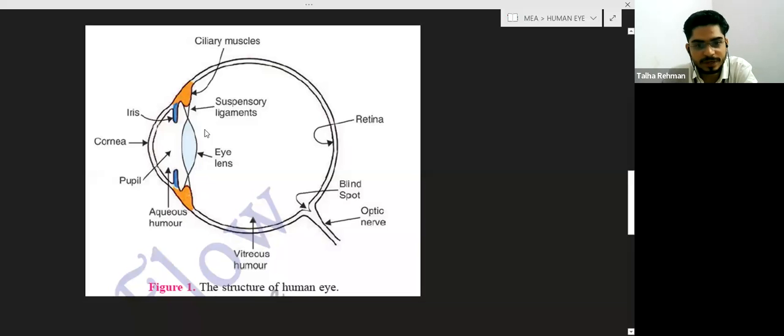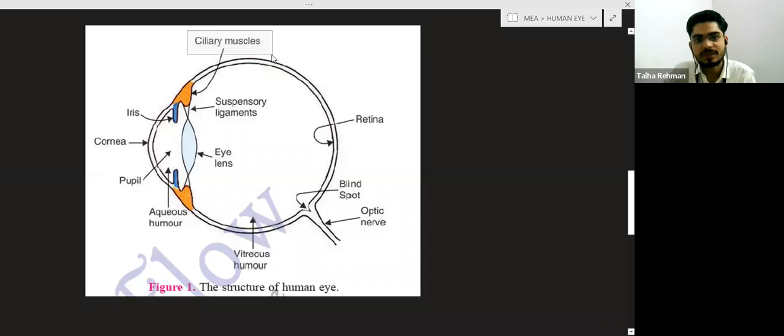So here is aqueous humor, and these things are suspensory ligaments. These suspensory ligaments are attached with the eye lens, and also attached with the ciliary muscles.